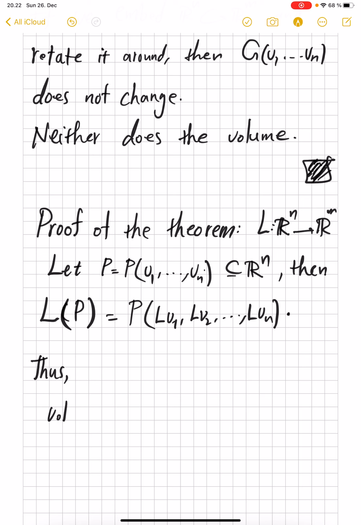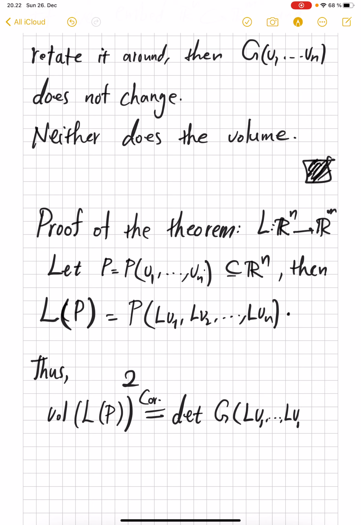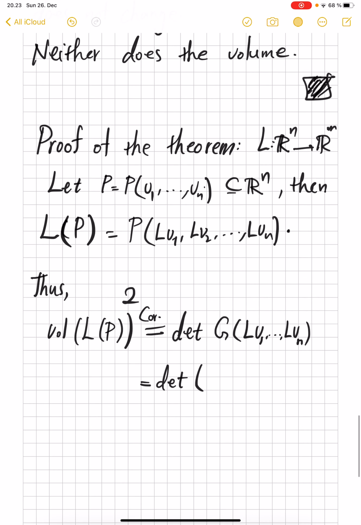Thus, the volume of L of P, according to our corollary, equals the square root of the Gram determinant. So let's square this so that I don't have to take this huge square root. So this will be the determinant of the Gram matrix of Lv1 up to Lvn. So what is the Gram matrix?